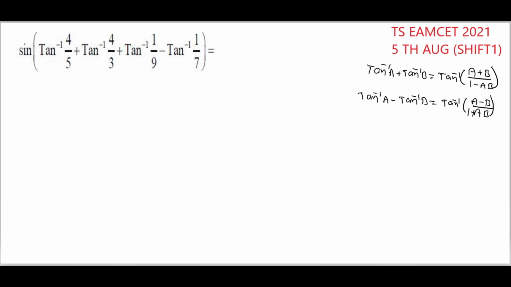Applying these formulas, first to tan inverse 4 by 5 plus tan inverse 1 by 9, and tan inverse 4 by 3 minus tan inverse 1 by 7.